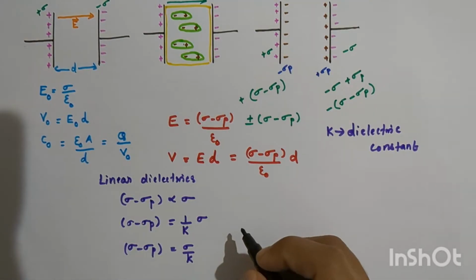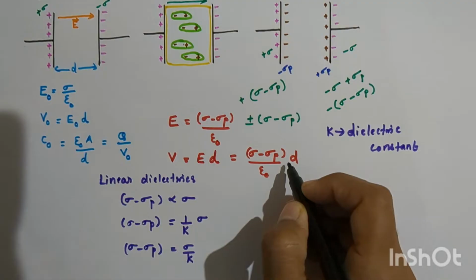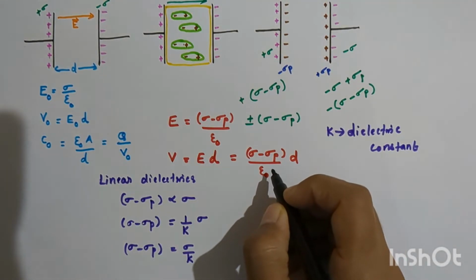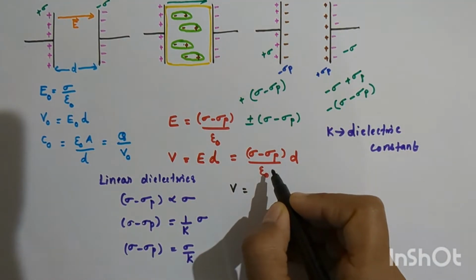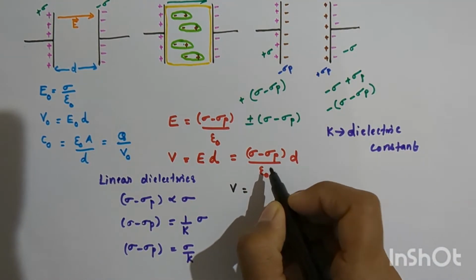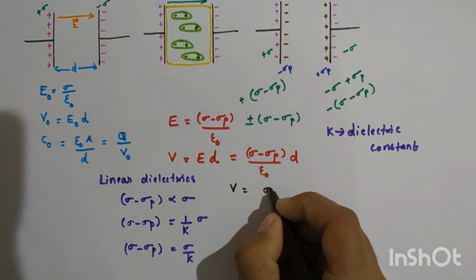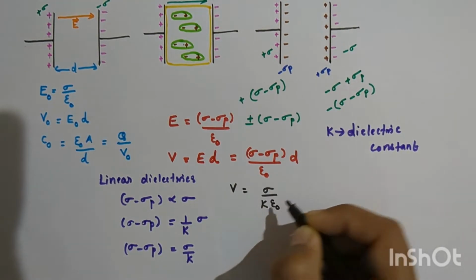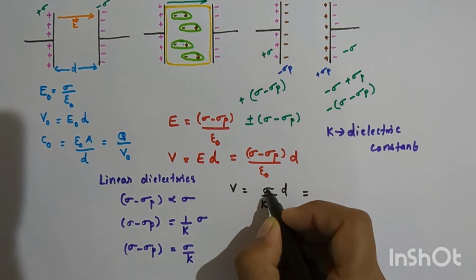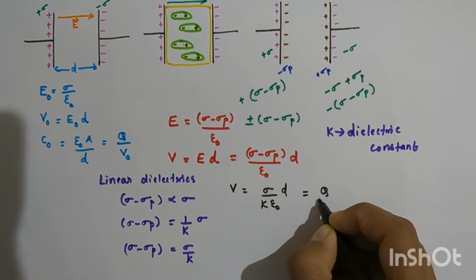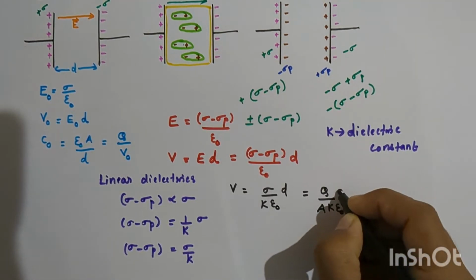So we have the potential difference as sigma minus sigma p by epsilon 0 into D. Now in terms of k, how does it change? V is equal to sigma minus sigma p into D divided by epsilon 0. The sigma minus sigma p can be replaced with sigma by k. Then epsilon 0 is there in the denominator, D is there in the numerator. Now what is sigma? Sigma is surface charge density, which is charge per unit area. Then k is there, epsilon 0 is there, D is there.